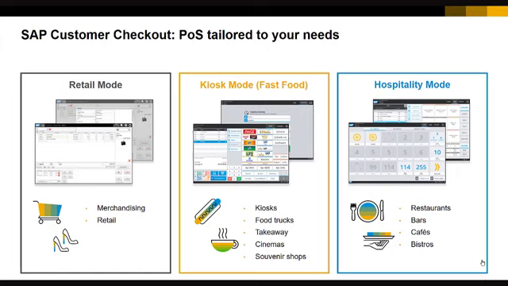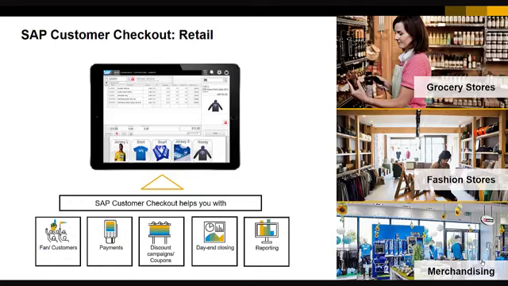The retail user interface mode can be used in grocery stores, fashion stores, or merchandising stores. Here, the cashier can record his time. We support omni-channel sales here. We support different price lists, different discount lists, time-based pricing as well.